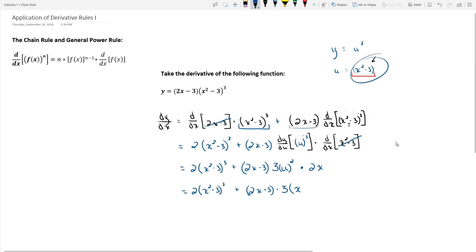So I'm bringing x squared minus 3 back in, squared multiplied by 2x. And as you do these more and more and more, you'll see that pattern.